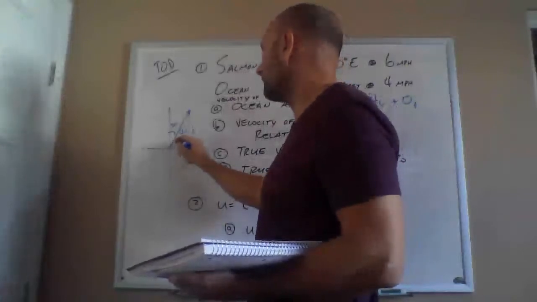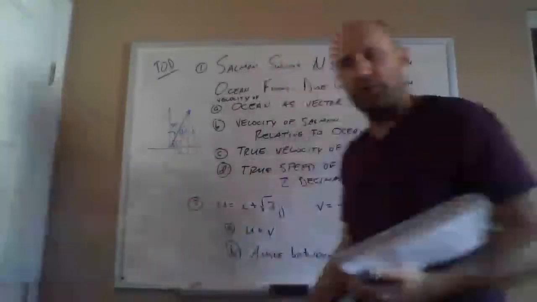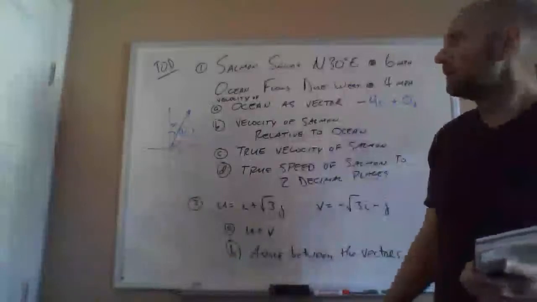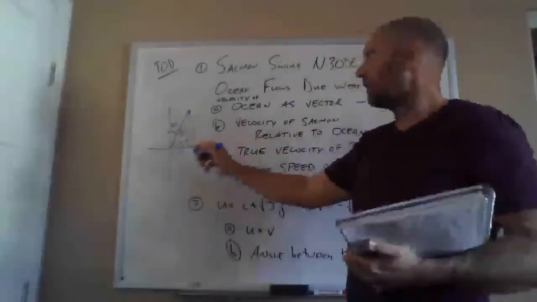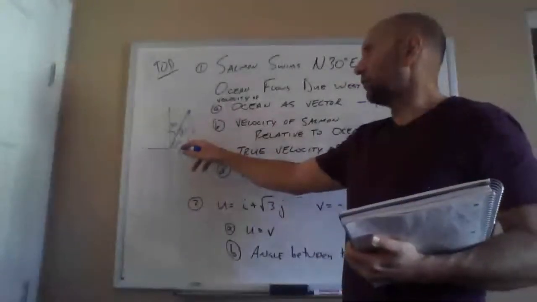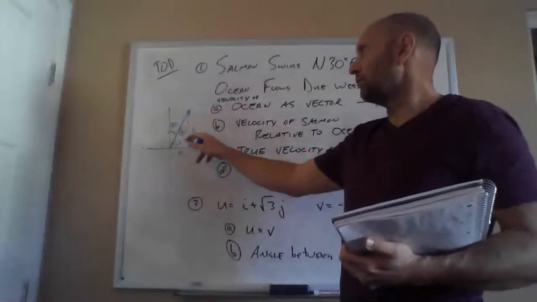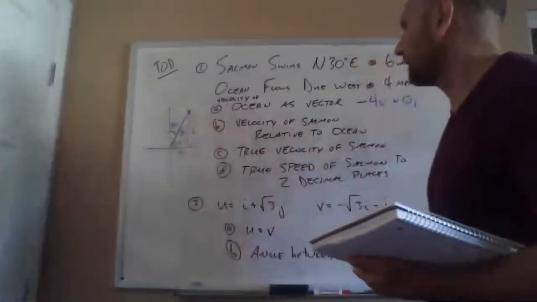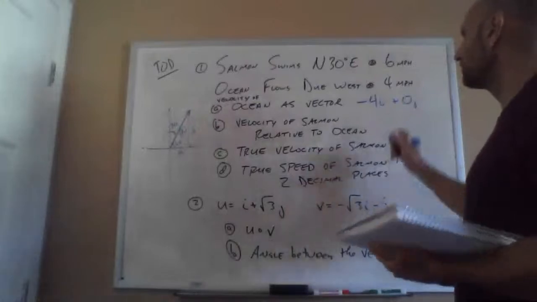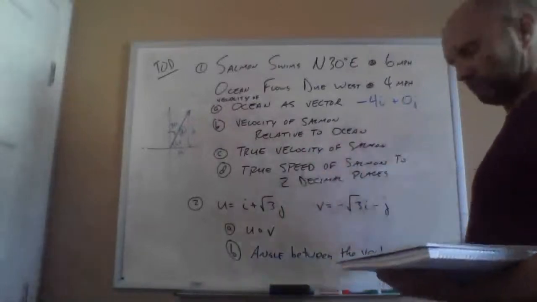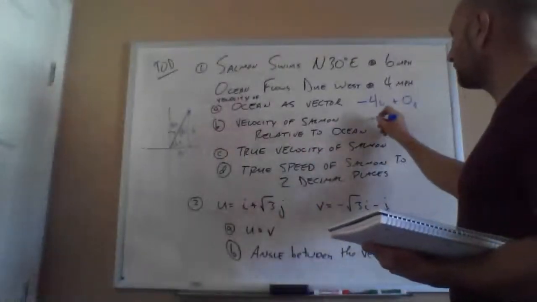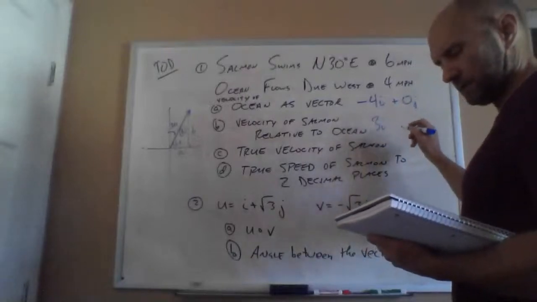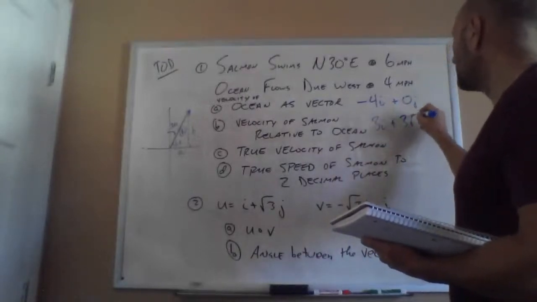That means the angle inside the triangle is 60 degrees. So using SOHCAHTOA, to get A, I can use cosine, adjacent over hypotenuse, and then B is sine, opposite over hypotenuse. So for the vector for the salmon, you would end up with 3i plus 3 root 3j.